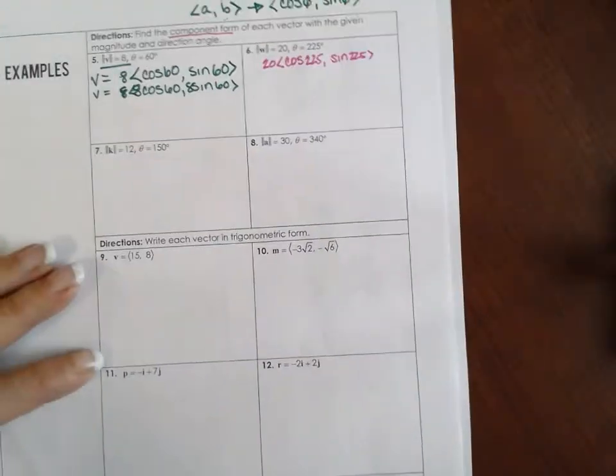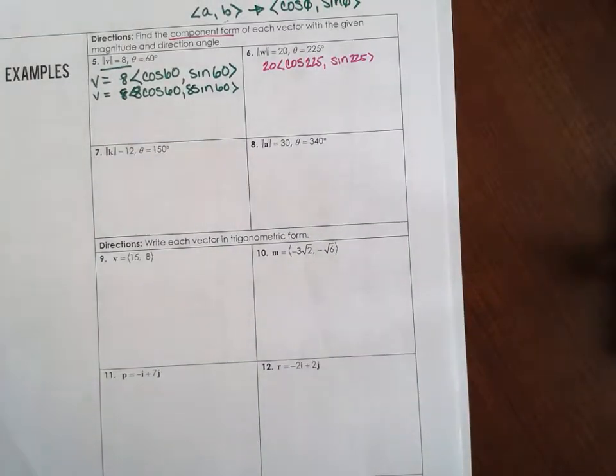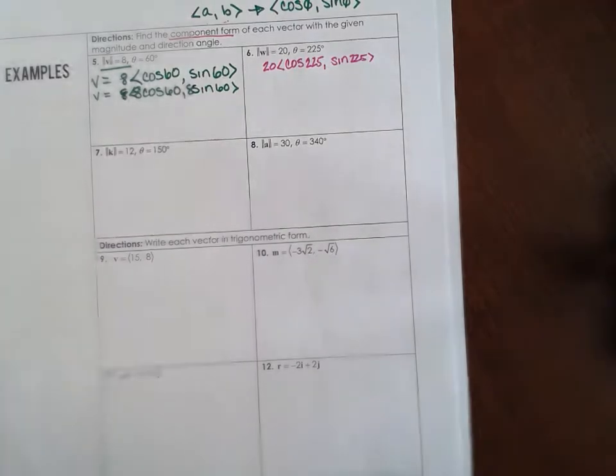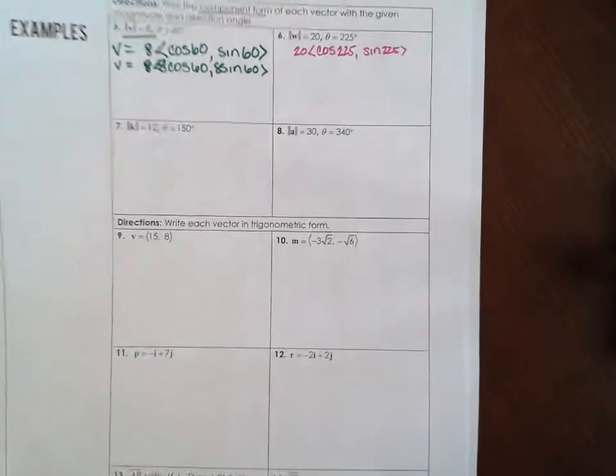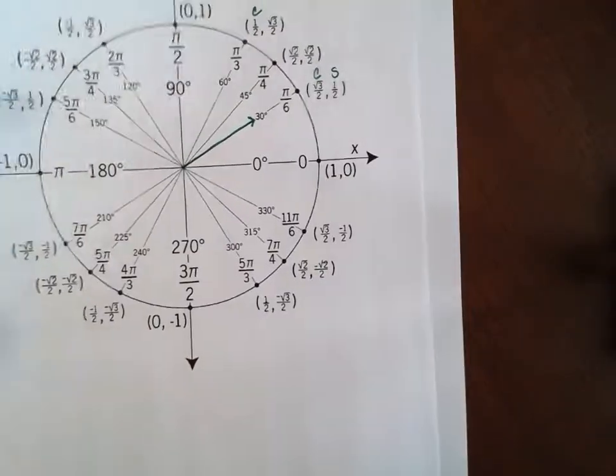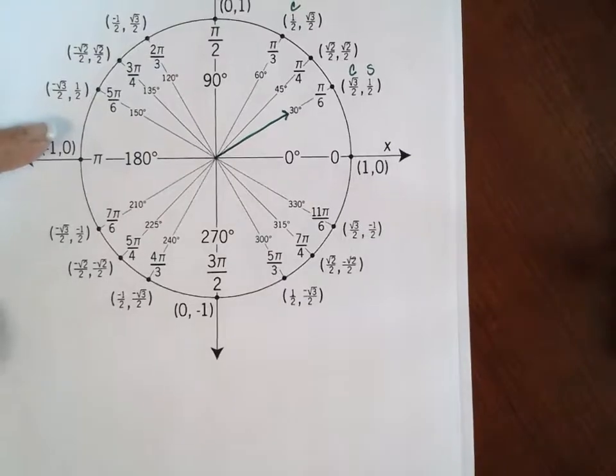Oops, so you can see it. You guys gotta tell me when that happens. Okay? So, what is the cosine of 225? That's when you go, hey, I need my handy dandy thing.